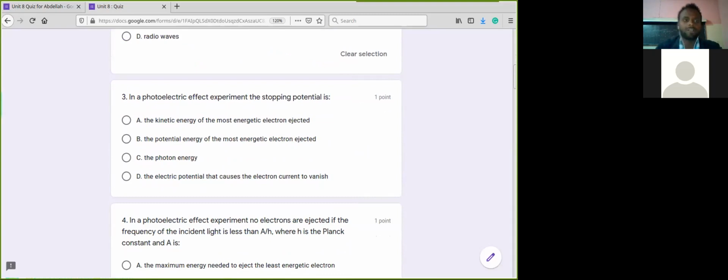Which one is the correct answer? B. The potential energy of the most energetic electron ejected. Is that the potential energy? The stopping potential. Yeah.